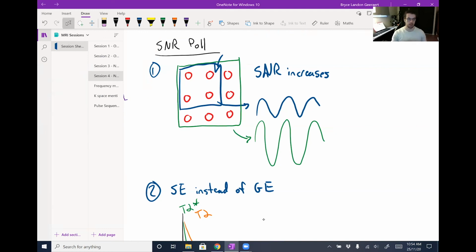Noise is just random stochastic errors that are there because we're using a digital machine that cannot be designed perfectly, it cannot function perfectly. Even just fluctuations in power supply to our coils are going to cause random errors and random variations that are going to influence our resultant image.